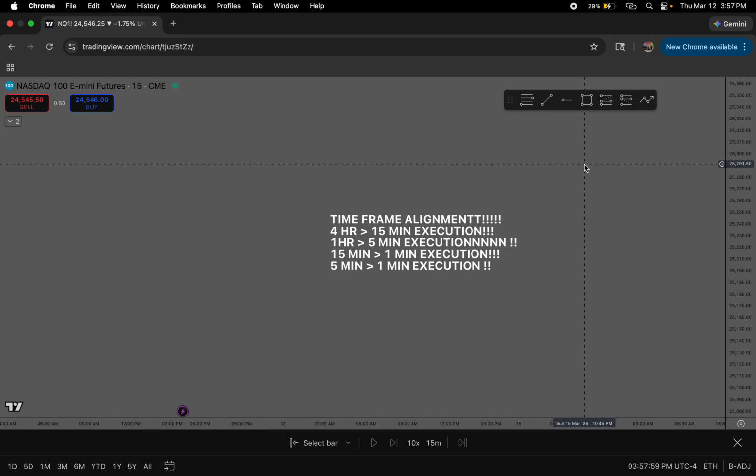So 9 times out of 10, even if you catch a wrong or an early trade and you get stopped out and you have proper risk management, another opportunity will present itself. It's up to you to figure out how you want to go about it. So this is your edge in the market right here. This is order flow. I hope this helps, guys.